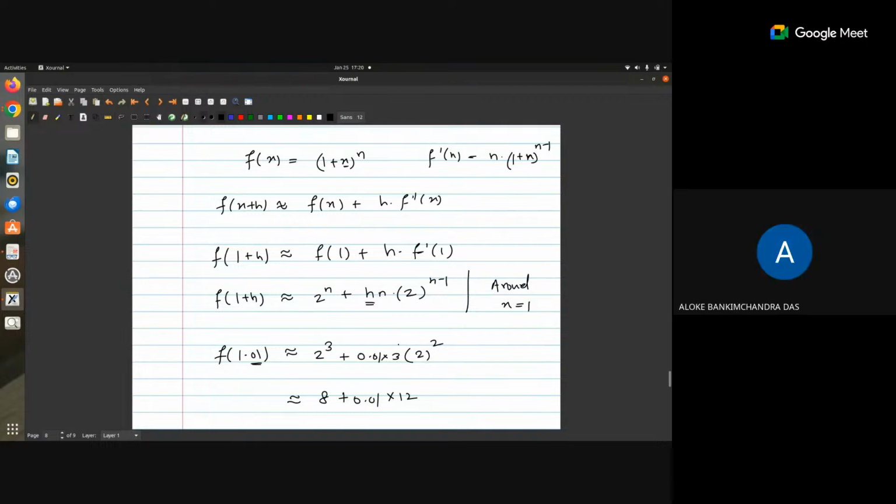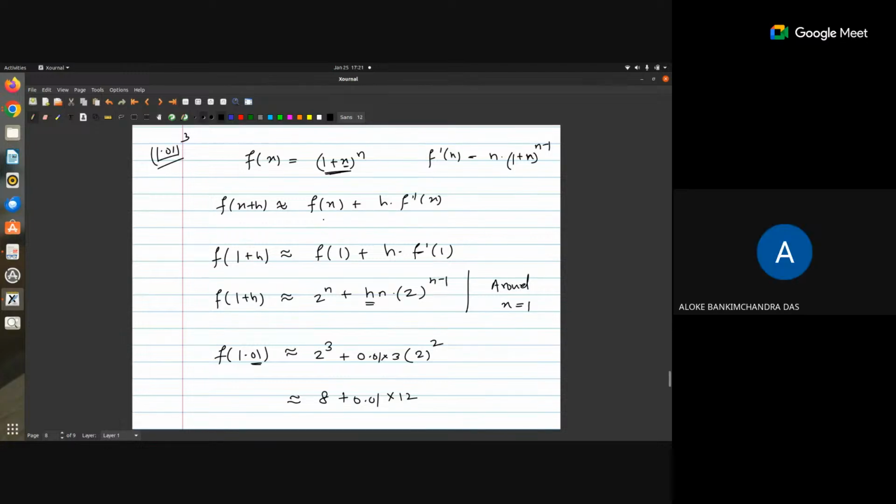Sorry, I just missed it. The question asked was 1.01 whole cube. That's the approximation being asked. In that case, this 2 cube should be 1 cube. He's right. X is 1 here, X is not 2.